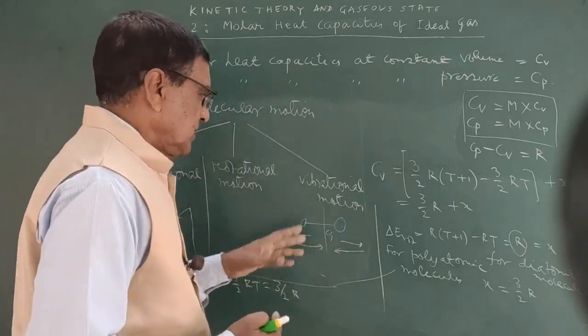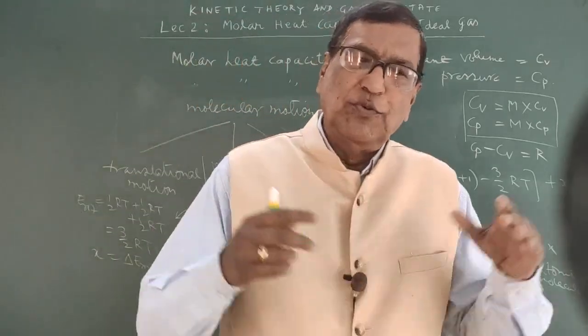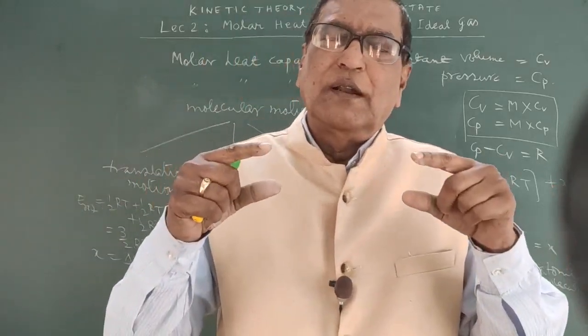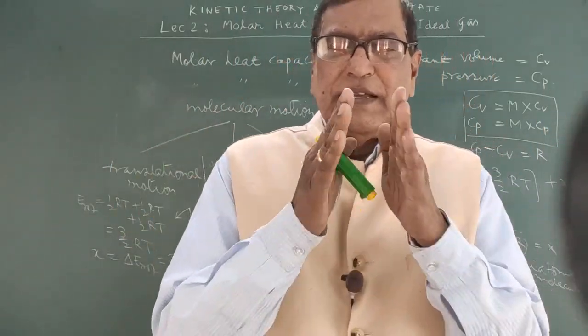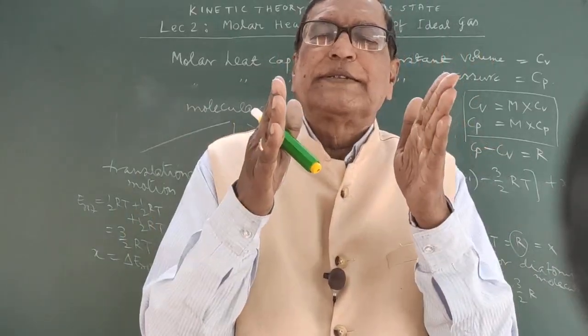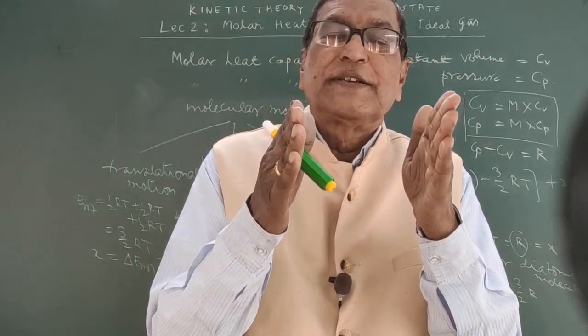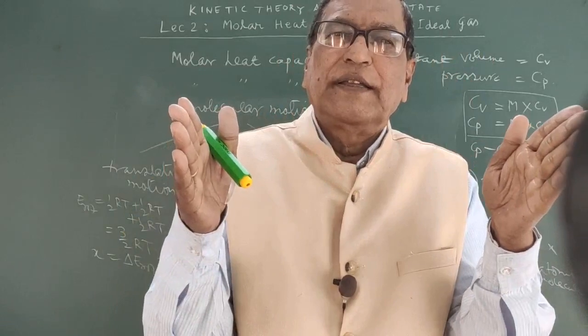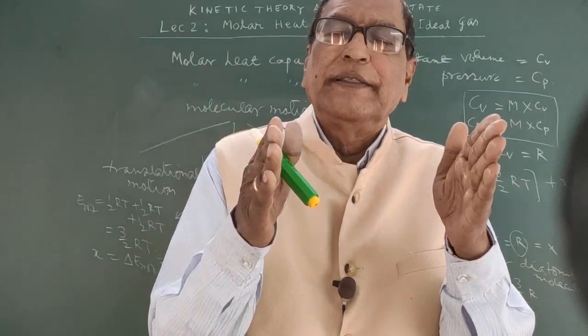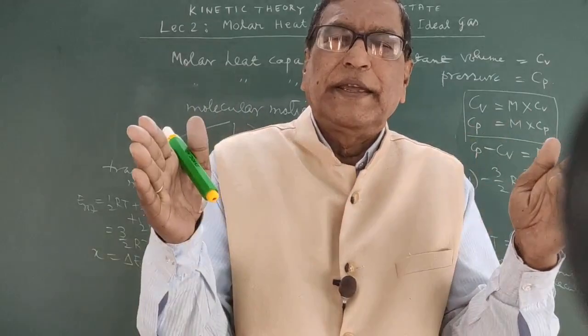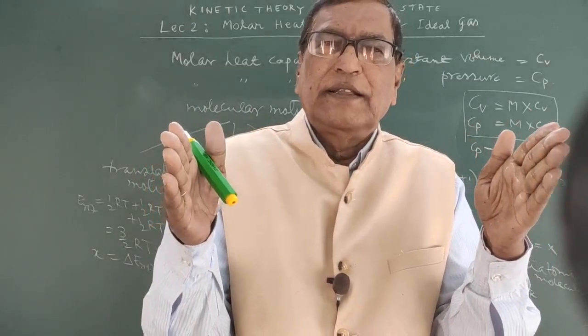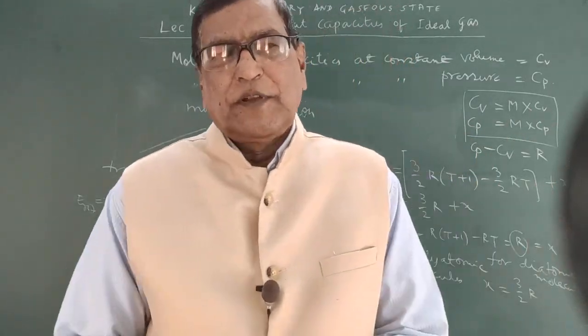In this way, the two atoms within this molecule will vibrate continuously. This is the equilibrium bond distance, then elongated, again equilibrium, then compressed, then again equilibrium, then elongated. This is one complete vibration.